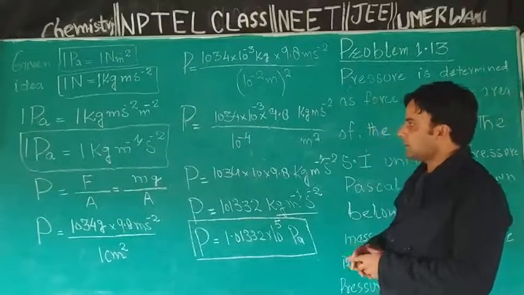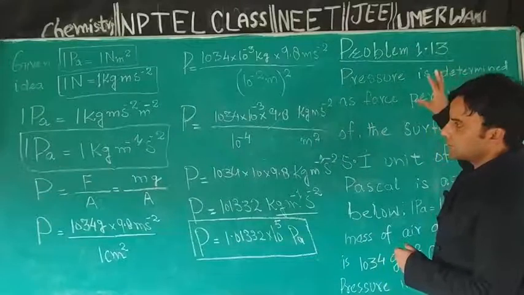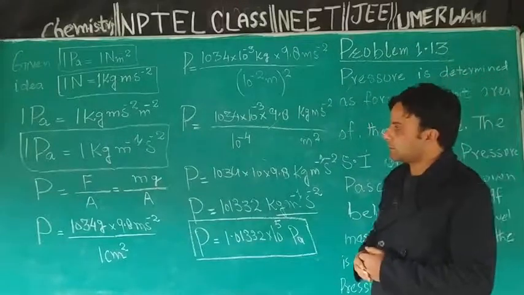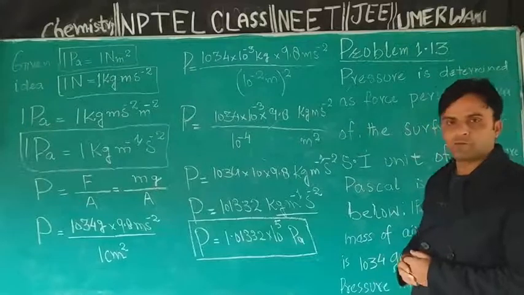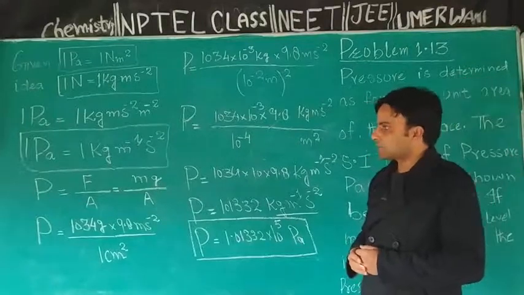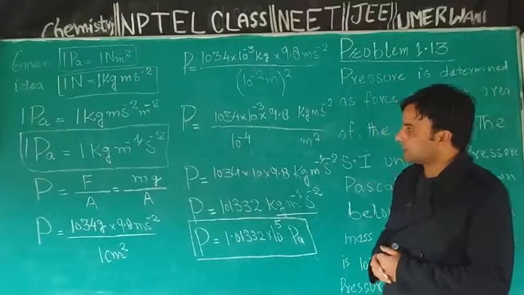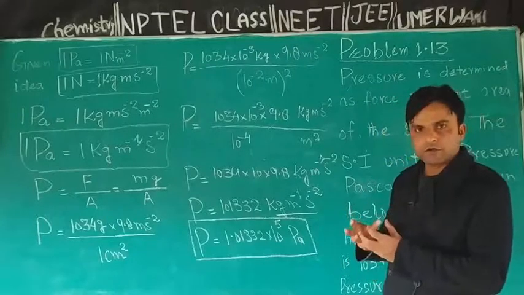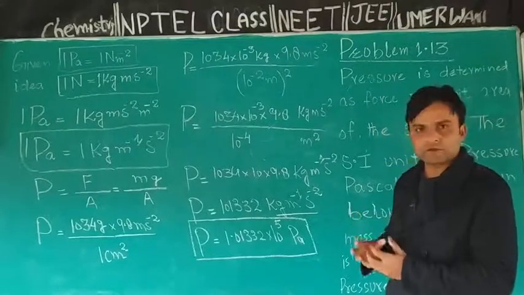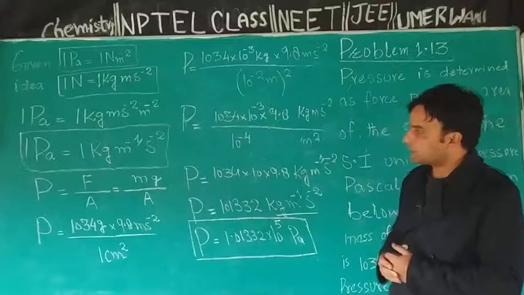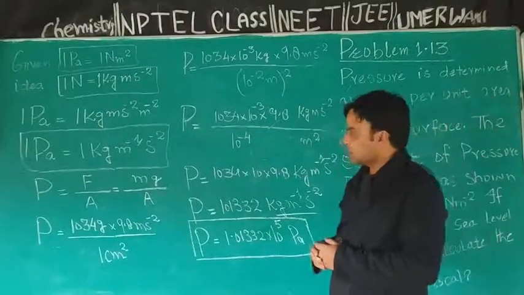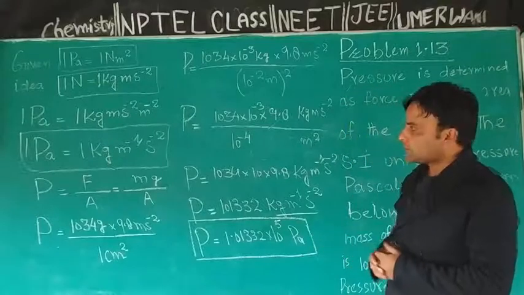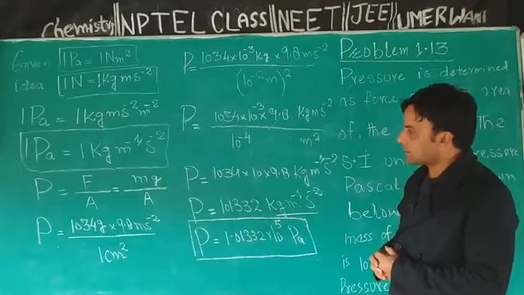Thereafter I again used the idea given in the question that pressure is determined as force per unit area. I identified force here. Force is due to the force of gravity on air. Air experiences the force of gravity, and force of gravity is equal to the product of mass and acceleration due to gravity.